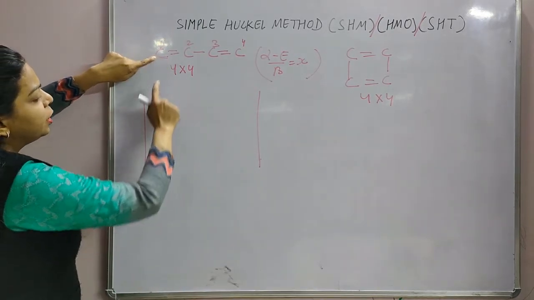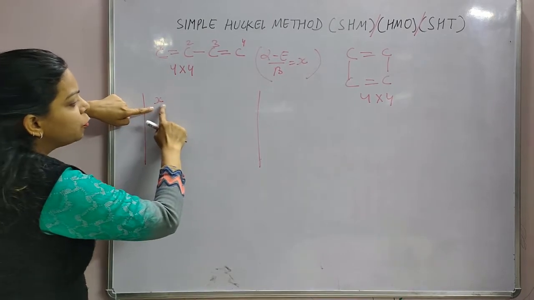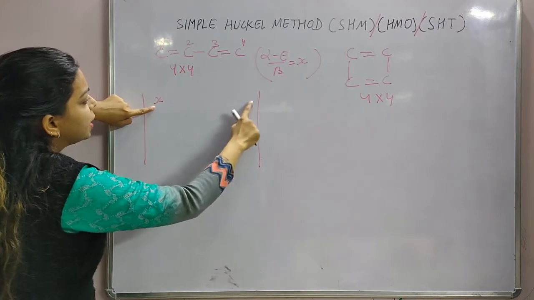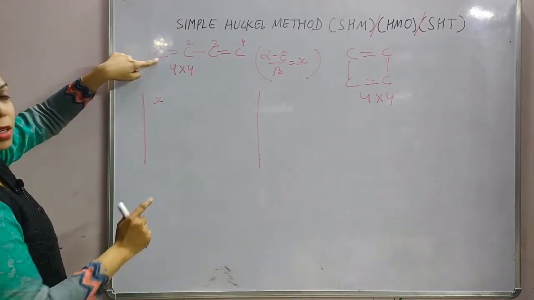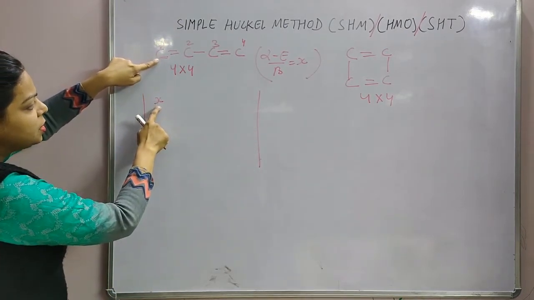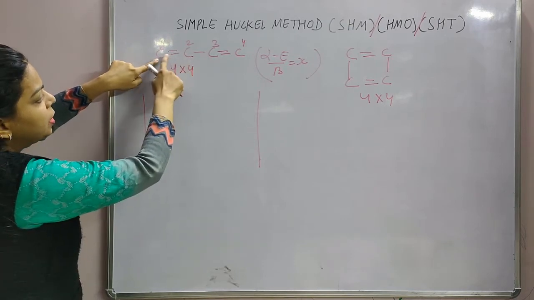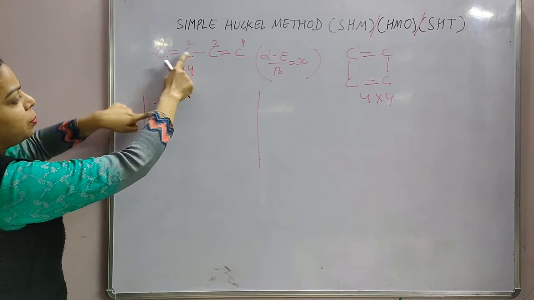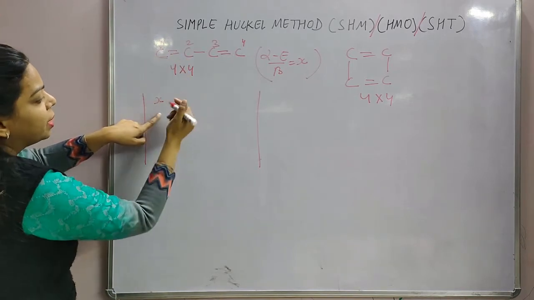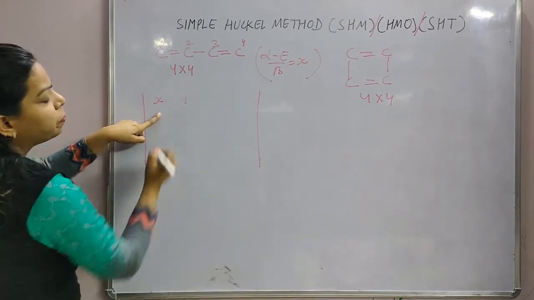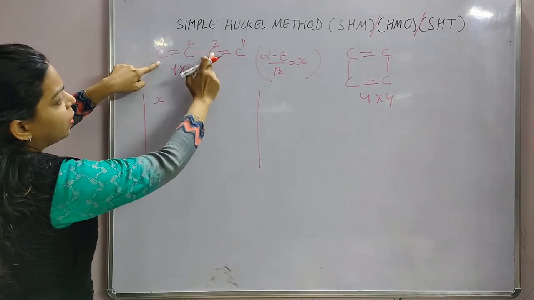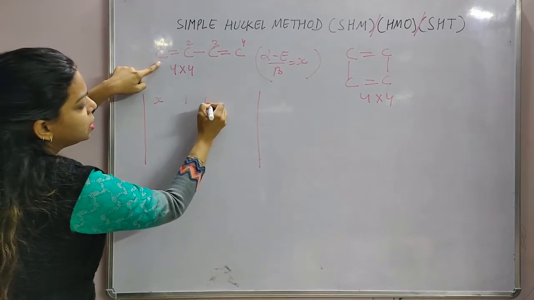Now remember one thing, the first row is entirely for the first carbon. The first element is for itself, the second element is for those atoms to which it is connected. It means it is connected to the second carbon atom, so the second element will be 1. It is not connected to the third carbon atom, 0.